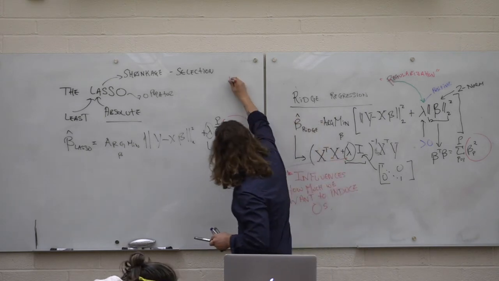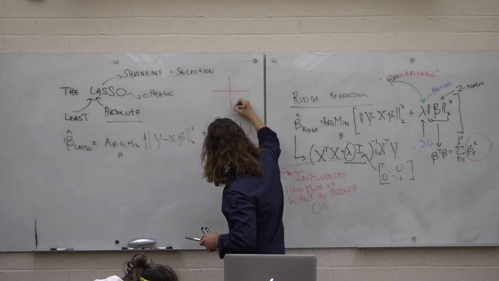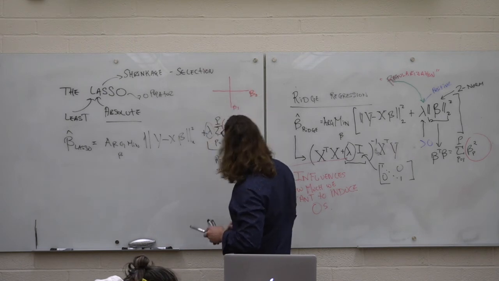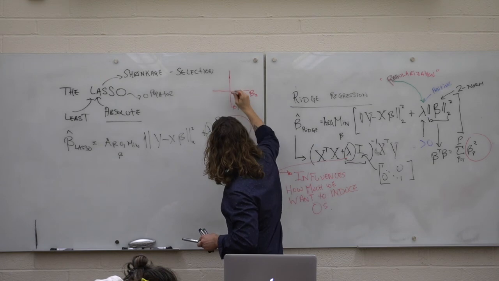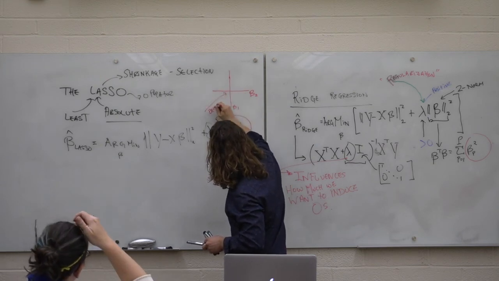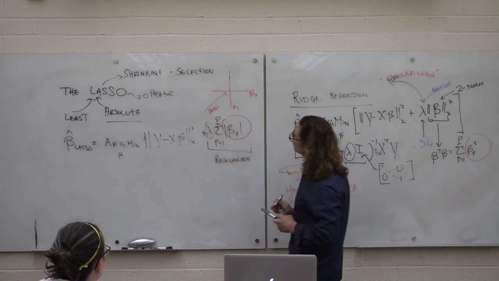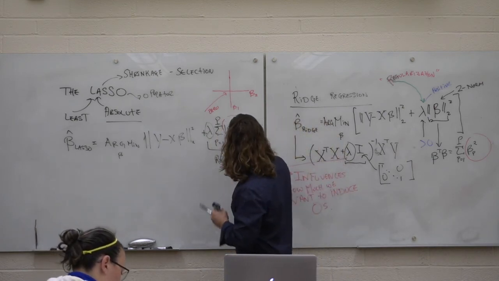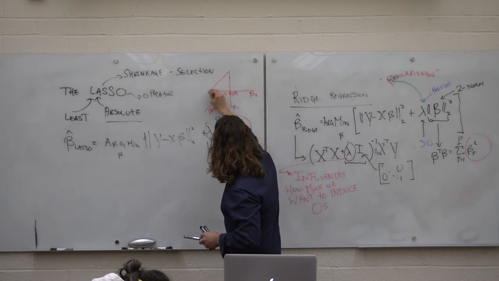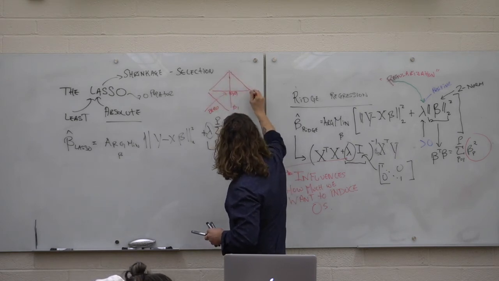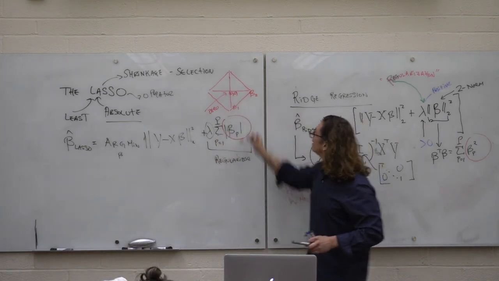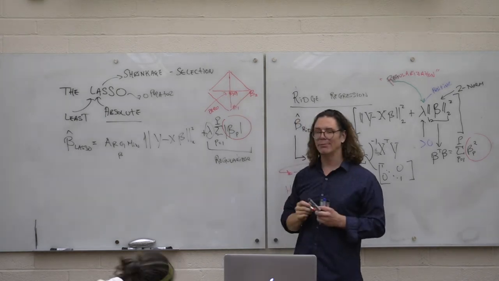Let me draw it in 2-dimensional space: this is beta 1 and this is beta 2, and this is the 0, 0 point. If I draw what this function looks like, it's this little diamond-shaped thing.